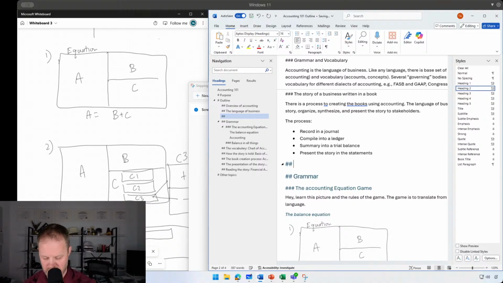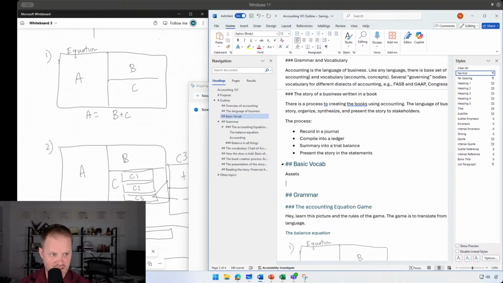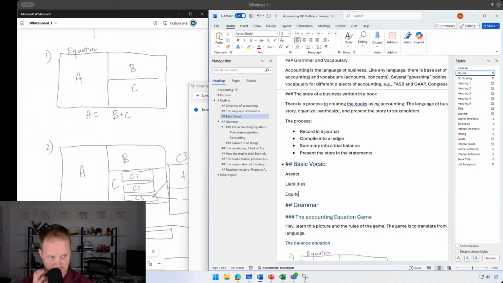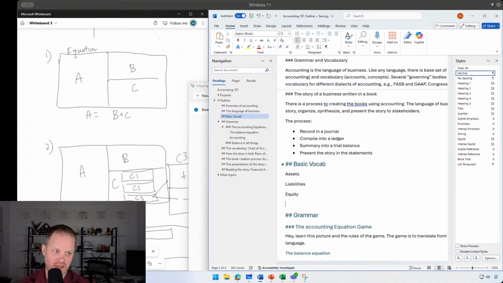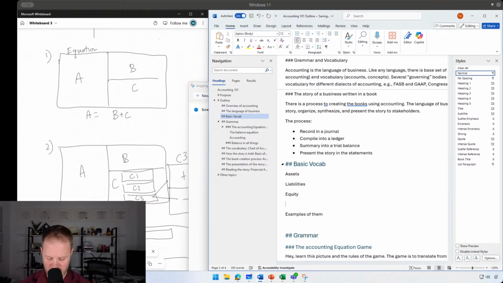So it's almost like we need to explain assets, liabilities, and equity, and examples of them. Because you need a, well, and then revenue and expense.